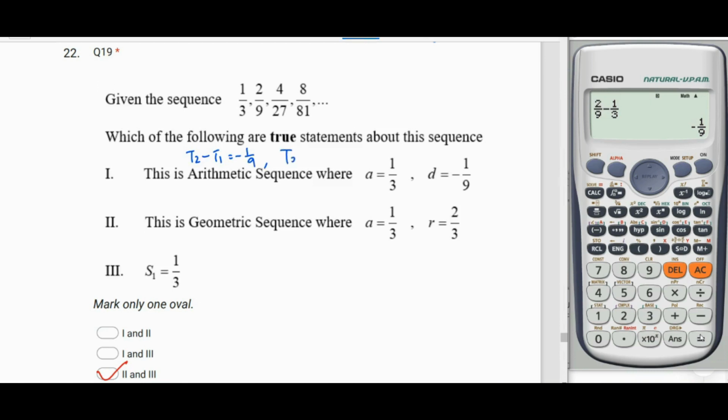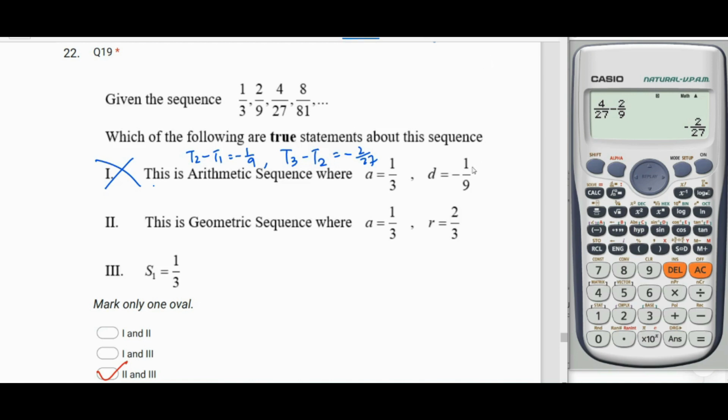We have to continue checking. How about T3 minus T2? Negative 2 over 27. It is not arithmetic. So it will be geometry.